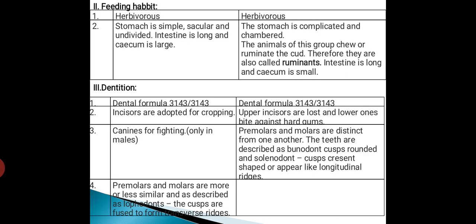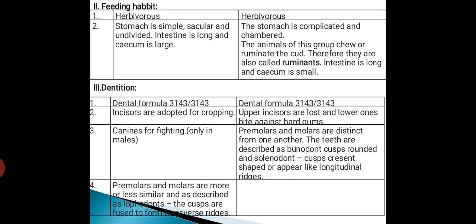So this process is called cud chewing, and as they have two chambers in their stomach, it is said to be a digastric stomach. The process is technically known as rumination, and hence the animals are called ruminants. Coming to the dentition, the dental formula is 3143 by 3143.